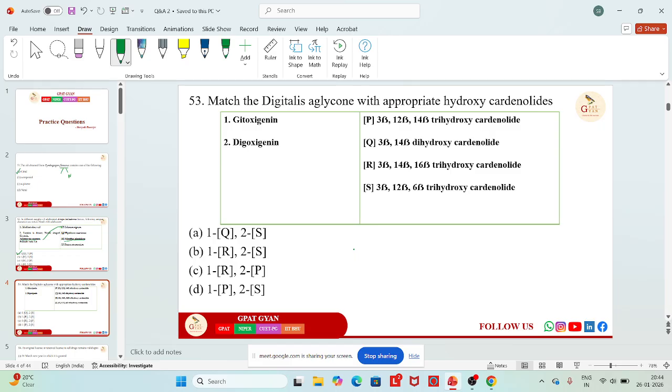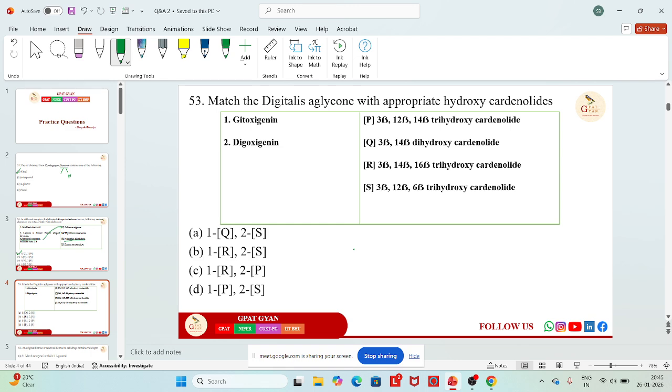So this is very important also, and the trick is dog double dog. Digitoxygenin and gitoxygenin is DG, and again D is for the diginatigenin, and gitaloxygenin is again DG. So DG, D, DG. It is for dog double dog. If you can remember from the initials, it is like that.